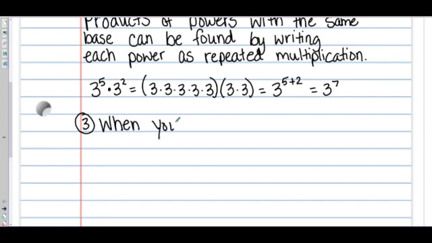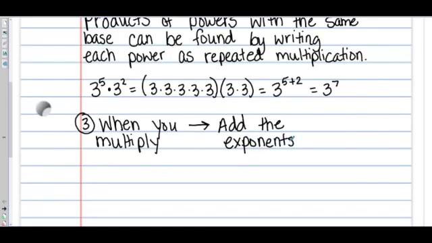When you multiply the same base, you add the exponents. And that's what we did here. Okay, so let's see an example of that.